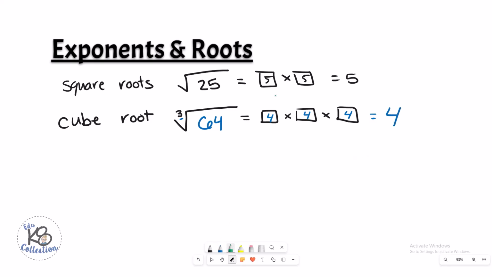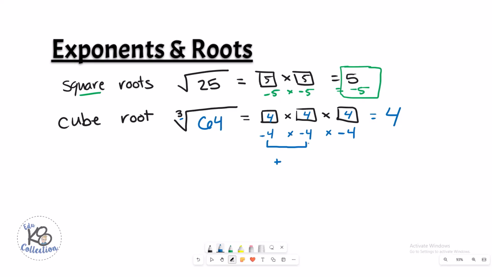Now remember I said that negative 5 times itself is also 25, right? So the square root of 25 could be 5 and negative 5. Let's see if that can also happen with cubed root. So if I say negative 4 times negative 4 times negative 4, starting from the left, a negative times a negative is a positive.